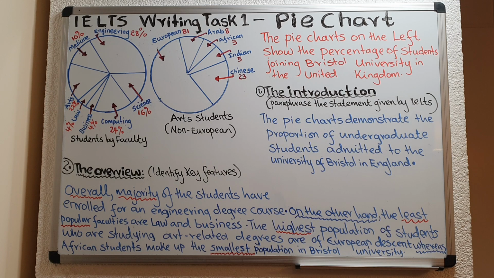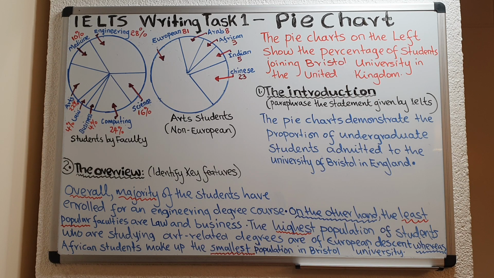So we have tackled the first part of that. And now we have to do the lowest. And we saw the lowest is 4% for law and business. So we now need to transfer that information to our overview. We use a linking word to let the examiner know that we are comparing. So, on the other hand, the reason we are using on the other hand is because in the previous sentence, we are talking about the highest.